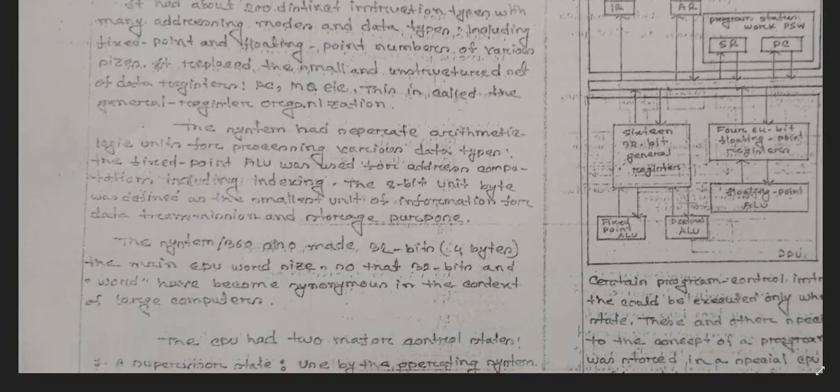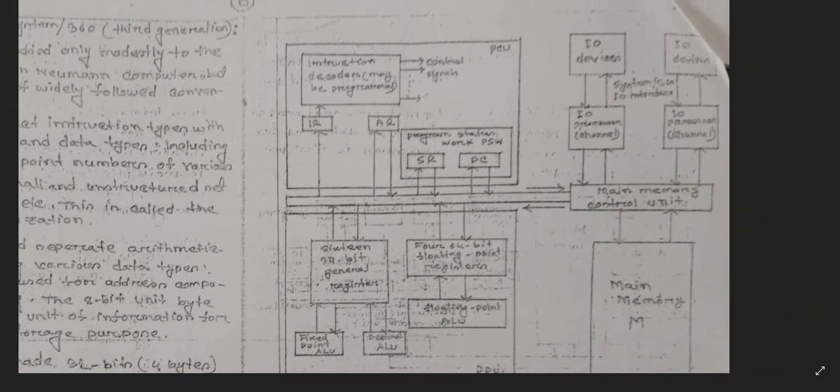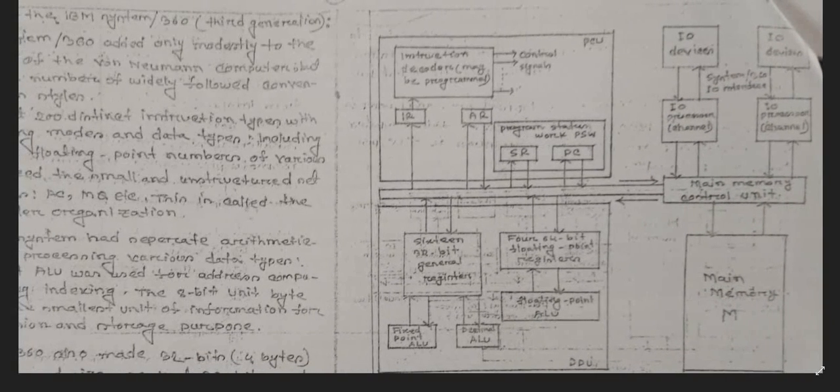Now here is the structure of IBM System 360, which is a third generation computer. Here is some description of it. I will give the link of this slide below. You can easily download the slide. This one is the diagram for third generation computer.